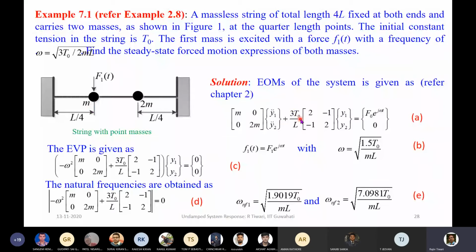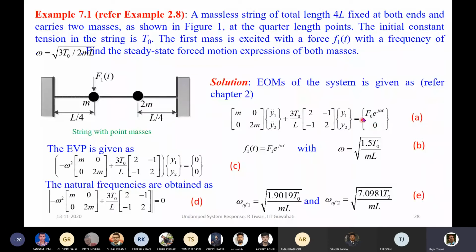T naught is the initial tension of the string, and L is the total length of the string. The force is acting on one of the masses, so this is corresponding to that, and the second mass has no force, so this is 0. If some other force F2 were also acting, it would take this place, but for the present case, only one force is there.